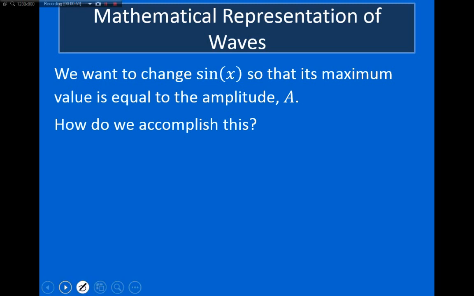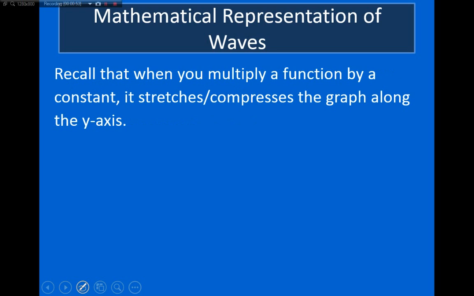Well, you can stretch any function by multiplying the entire function by a constant. So in our case, we want to write our function like this: y is equal to A sine of x. By multiplying the function sine of x by the amplitude A, I now have a function that has a maximum value of A.